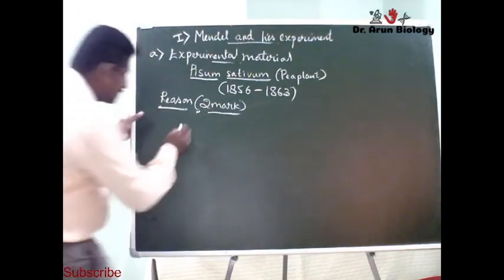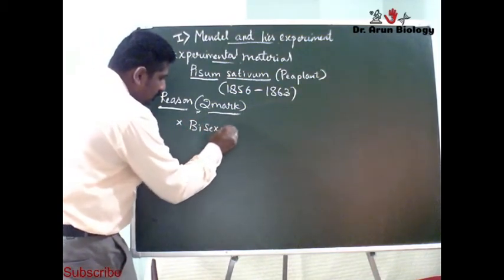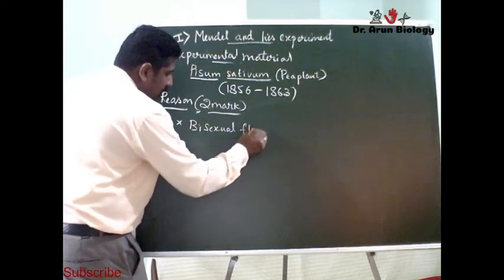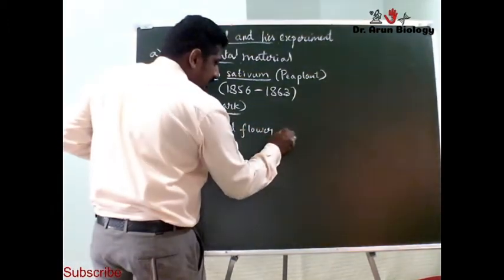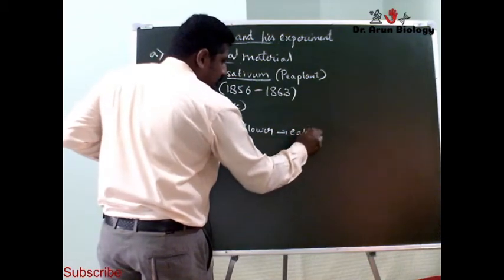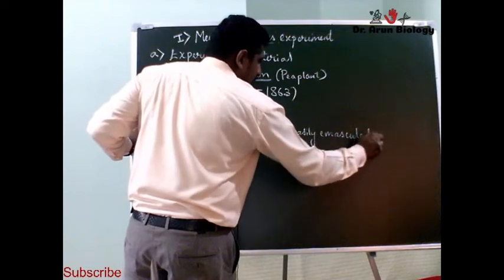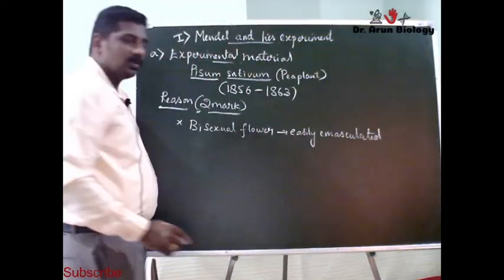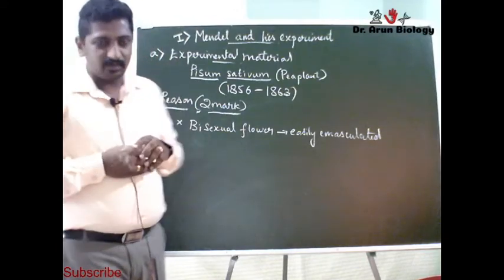The first one is it is a bisexual flower. It is a bisexual flower, so it can be easily emasculated and we can convert it into a unisexual flower.